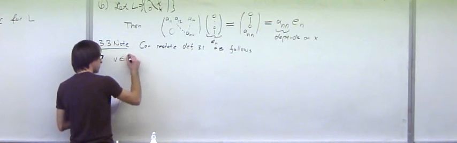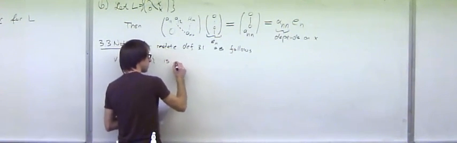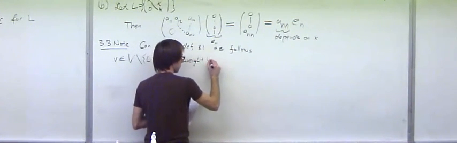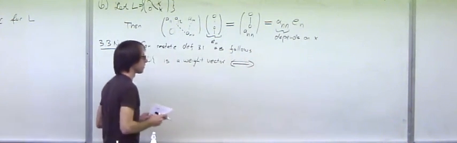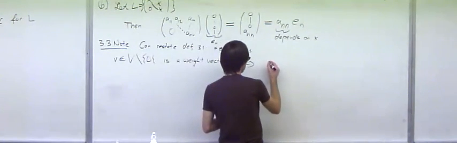So if I have a non-zero vector in the vector space, then this is a weight vector if and only if, for each lambda I want to find such an eigenvector, so I can write this as a function.